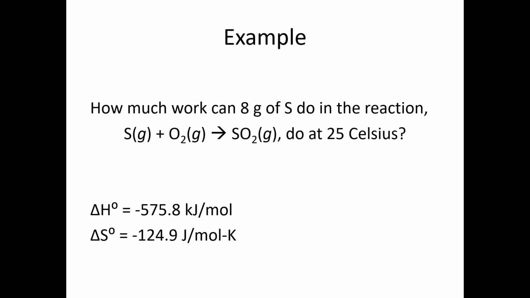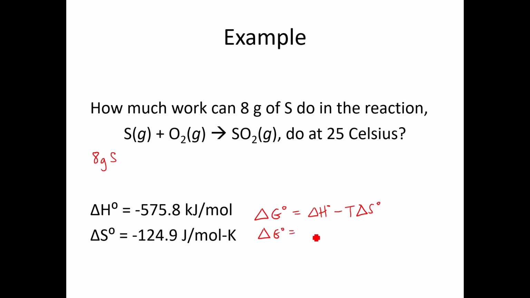Alright, so we're going to try a calculation with this. How much work can 8 grams of sulfur do in the reaction? Alright, so if I start with 8 grams of my sulfur, I'm going to relate it to my delta G. Now I'm going to use my delta H and delta S down here to calculate what my delta G value is.